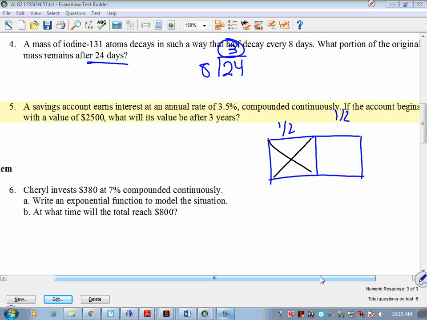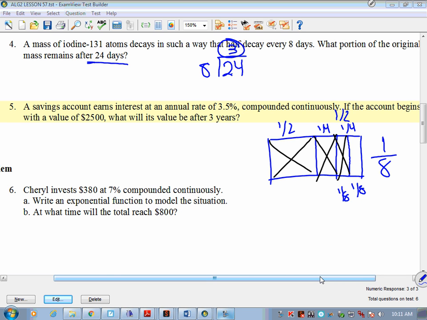On the 16th day, you're going to take what you have remaining and you're going to cut it in half, which by all rights is a fourth of the original, and you're going to get rid of that fourth. Okay, and then on the 24th day, you're going to take what's remaining and divide that in half, leaving you with 1/8 and 1/8. So what you have remaining after 24 days is 1/8 of the original.